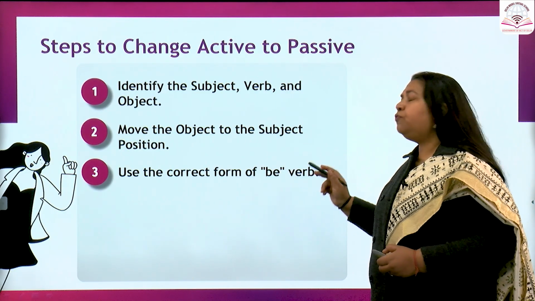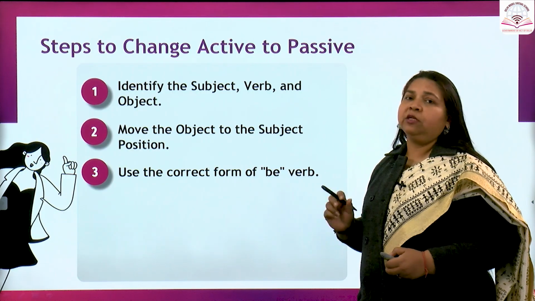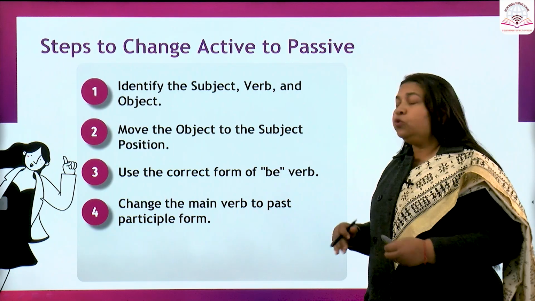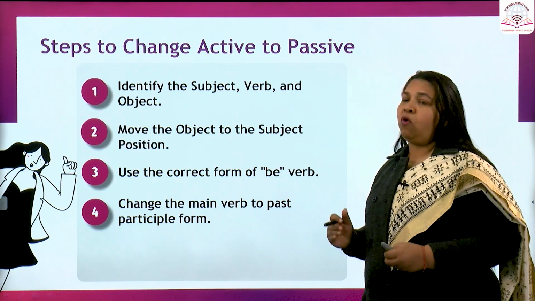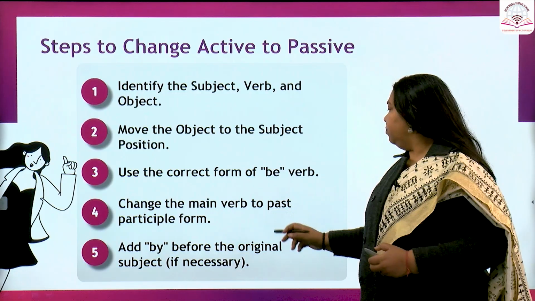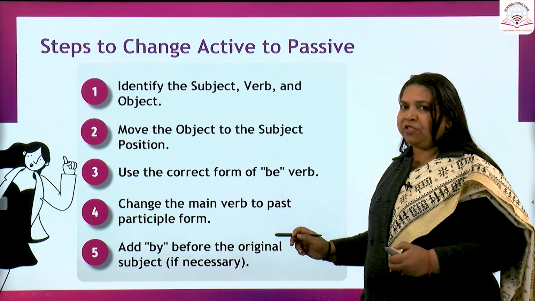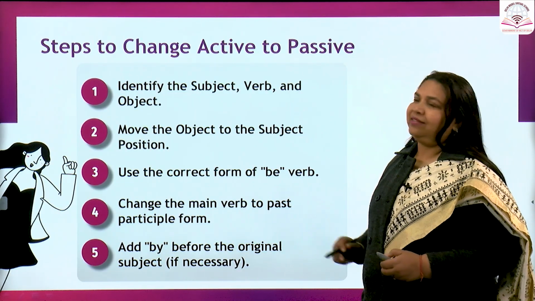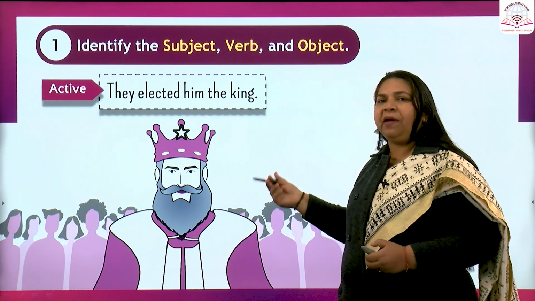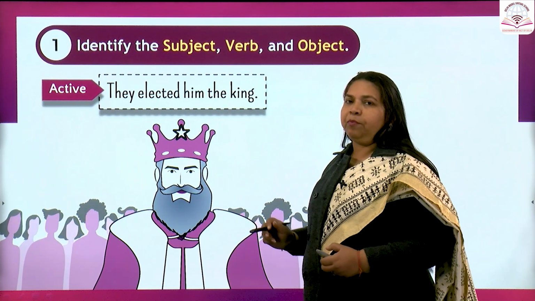Use the correct form of be verb, and then change the main verb to the past participle form, and then add by before the original subject if required. Now let's perform these steps one by one with an example.